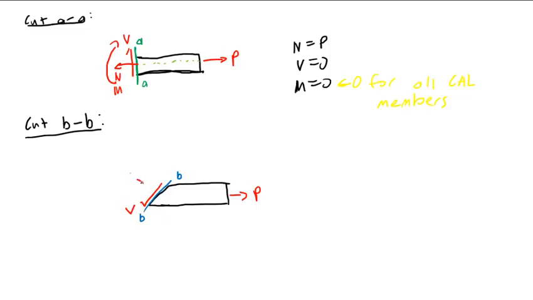Shear is not necessarily perpendicular to the member, it's parallel to the cut. The normal force is not necessarily along the axis of the member, it is normal to the cut plane. And the moment is just like this, as such.